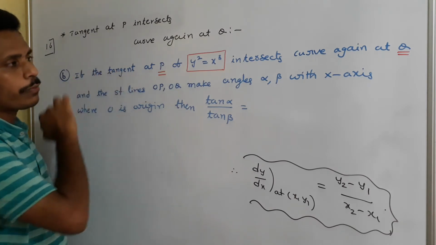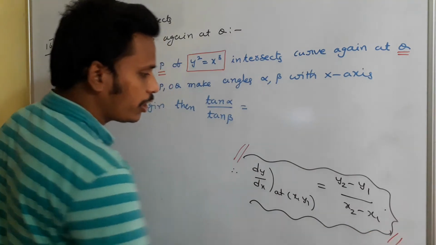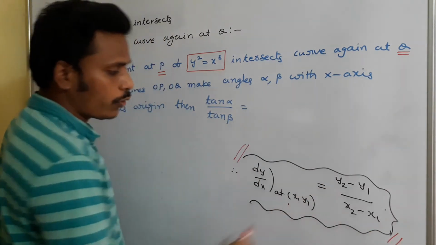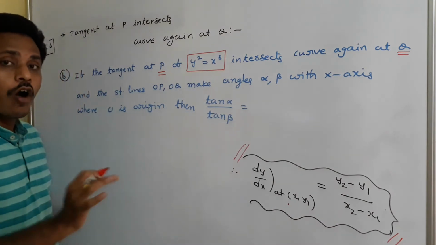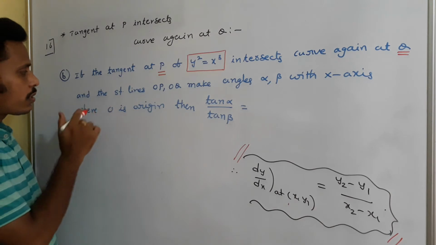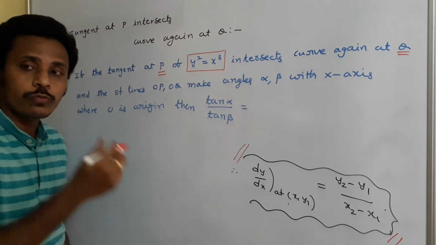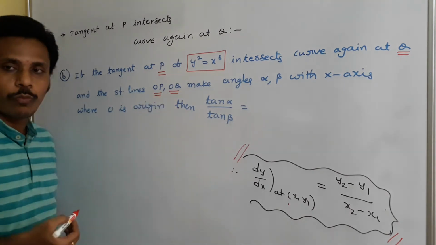If a tangent at a point intersects the curve again at Q, we have this particular condition as we discussed. So for that we need x1 y1 and x2 y2. x1 y1 is point P as well x2 y2 is point Q. After that the problem is a bit different. After identifying those points P and Q, you just calculate the slope of OP and the slope of OQ.